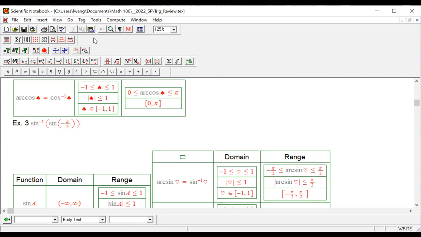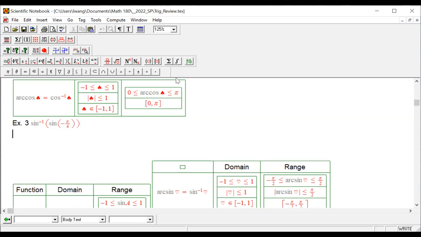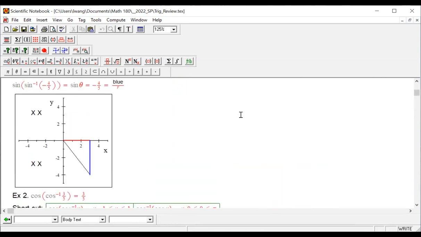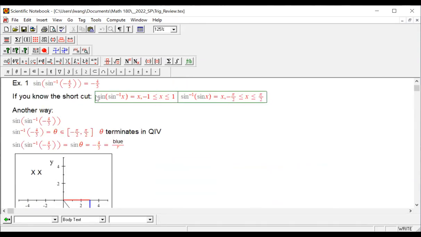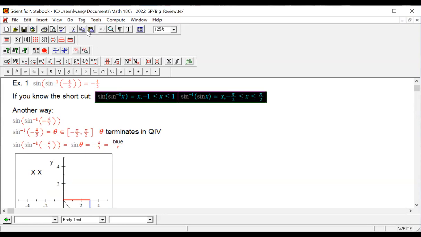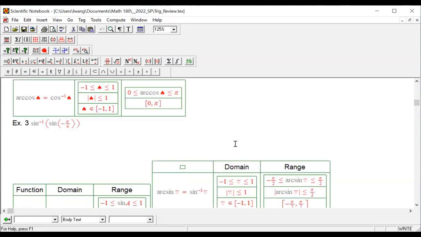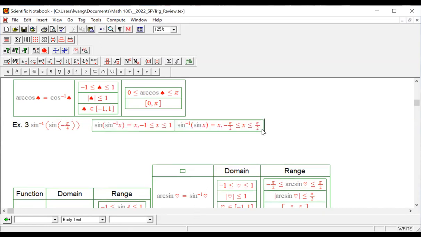If you remember the shortcut we just talked about earlier, this one is fitting the shortcut, the second one, because the angle is inside this interval. Therefore, if you know the shortcut, the answer is right there. The answer is just negative pi over 4.